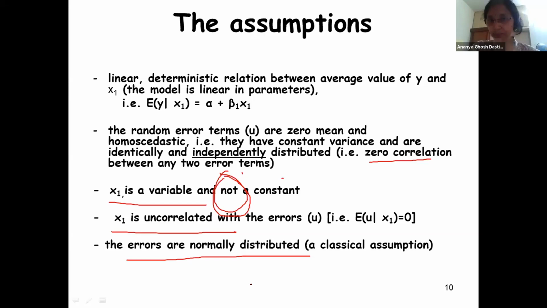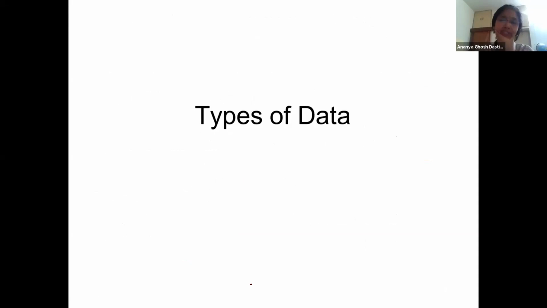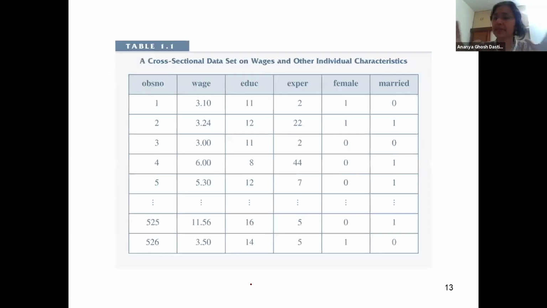All right. Now, I'll quickly take you to some types of data which are typically used in regression models, and then I'll show you some results which I have run for you. Okay. Now, broadly, the kinds of data that I will be handling in the lectures today and tomorrow are cross-sectional data sets.